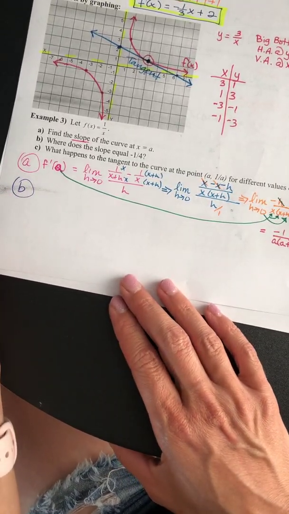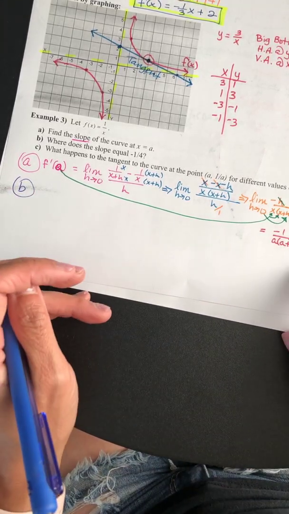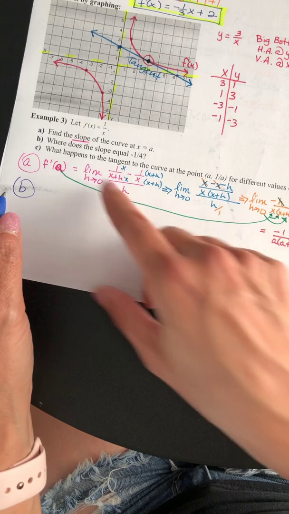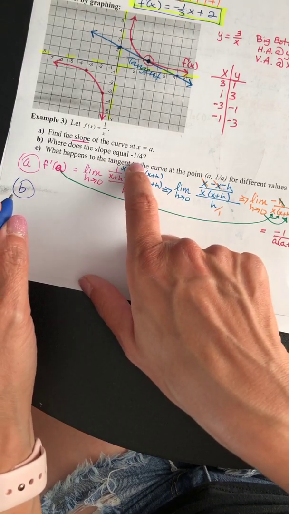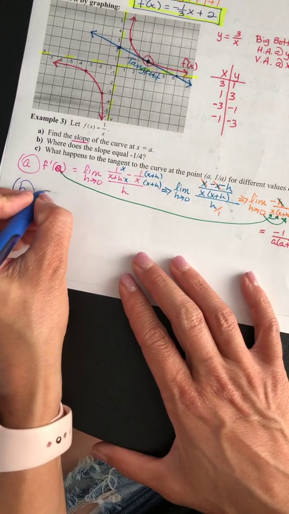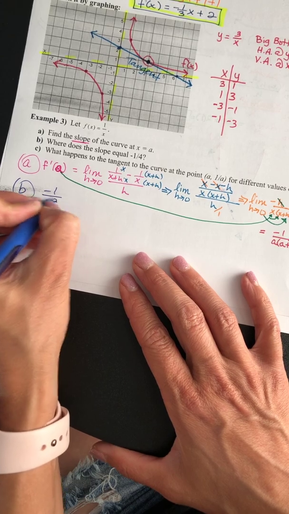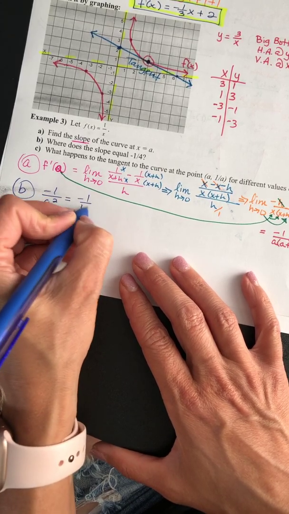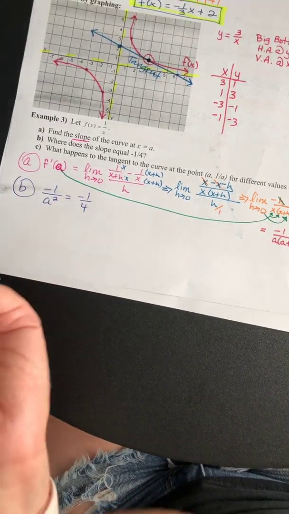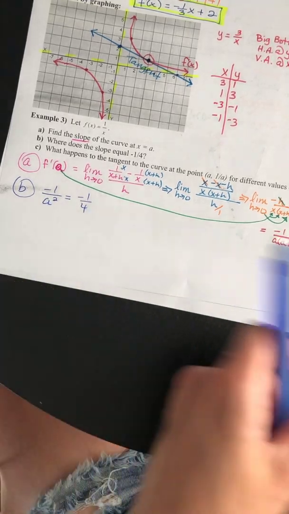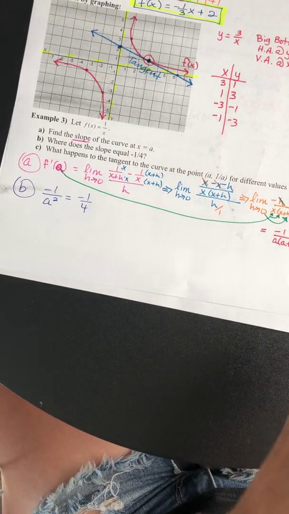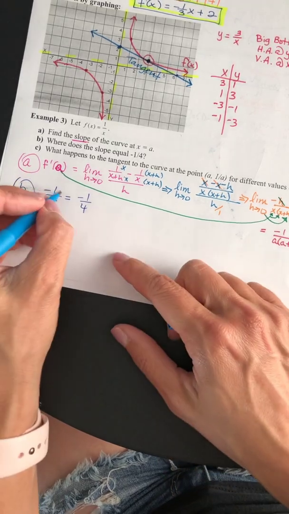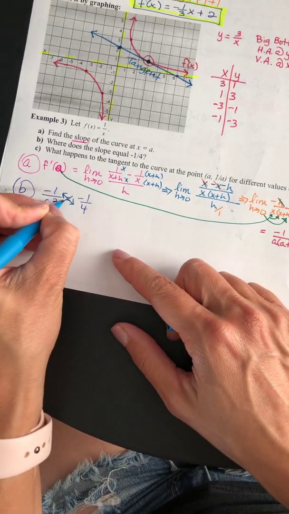All right, letter B. Okay, it says, where does the slope equal negative 1/4? Well, I just found the slope, the negative 1 over a squared, and I need to figure out where it equals negative 1/4. So that means set it equal to negative 1/4, and then you'll find what a value will make it equal negative 1/4. Whenever you have a fraction equal to a fraction, this takes you back to junior high, you cross multiply.